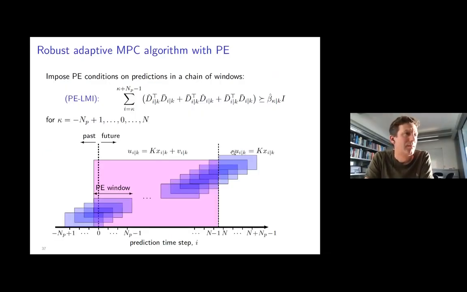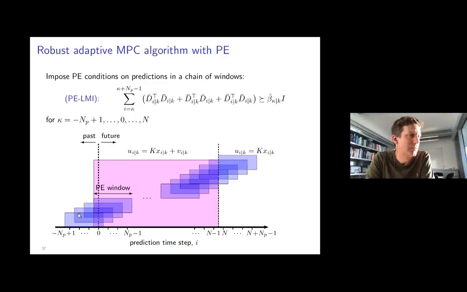Then in the MPC algorithm, we can define a set of windows over which we impose persistency of excitation constraints. Okay, so this set of windows goes from the furthest, so the window furthest into the future actually is contained entirely in the time interval where we're applying the terminal feedback law. But then we have one window per time step all the way back to current time.